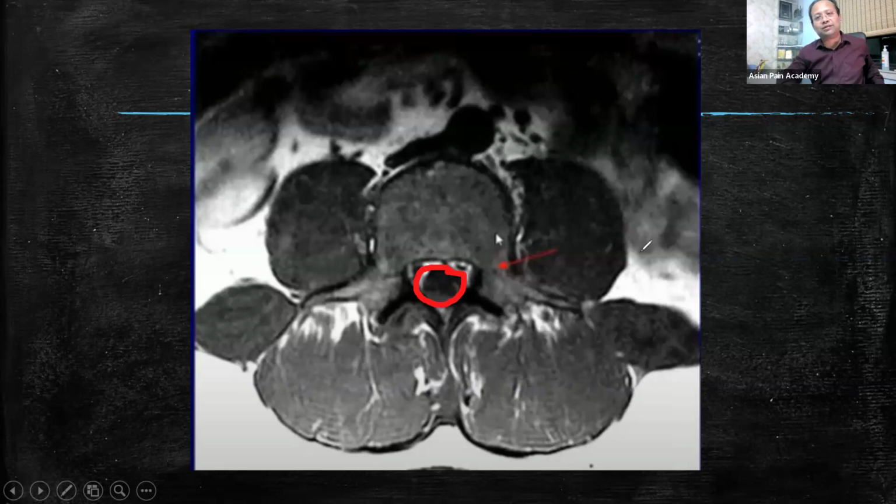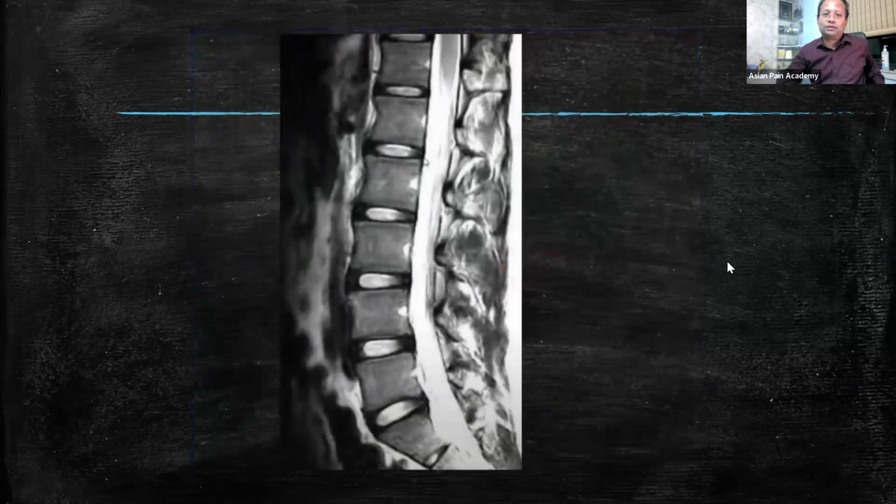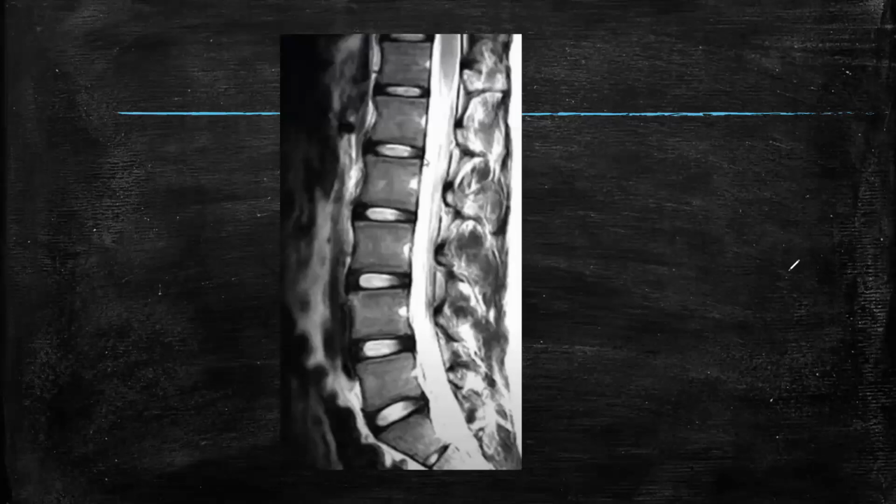In T2, it is black dots in white part. Okay. And STIR cannot be because this fat part is there. Okay. So this is which sequence? T2 sagittal. Yes, T2 sagittal section.